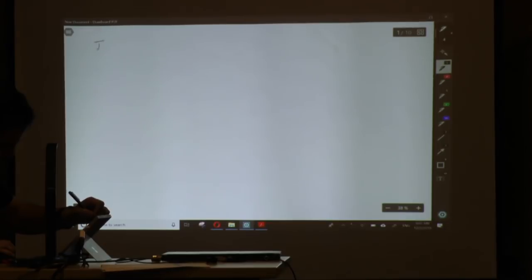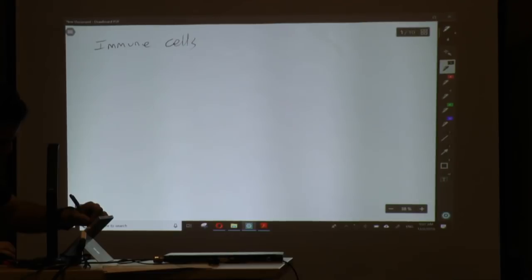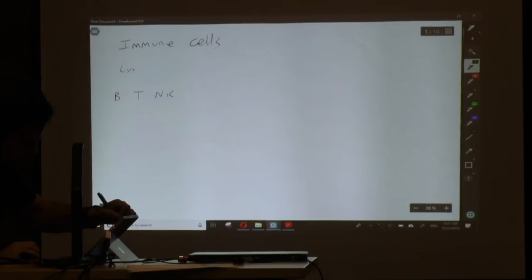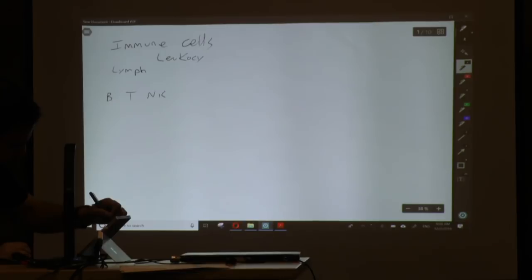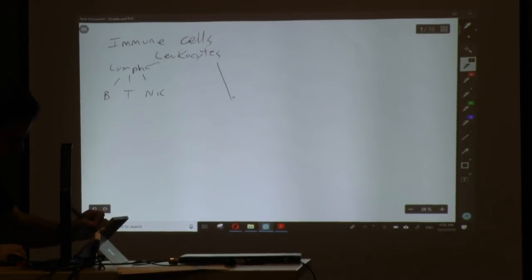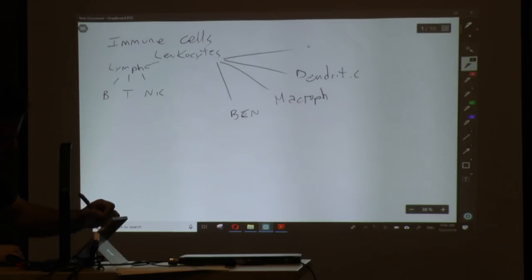So you have B, T, and NK, which are your lymphocytes, and then your leukocytes are the basophils, your macrophages, your dendritic cells, and then your mast cells.